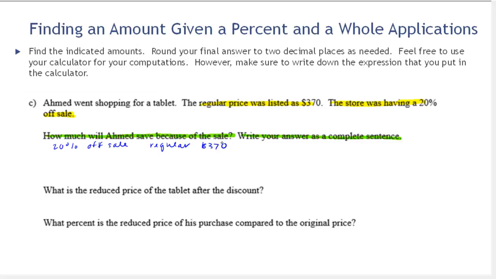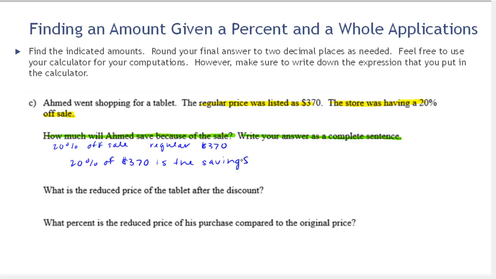So he will save, okay, so the regular price is our whole amount, our initial amount, and he will save 20% of $370. So 20% of $370 is the savings.